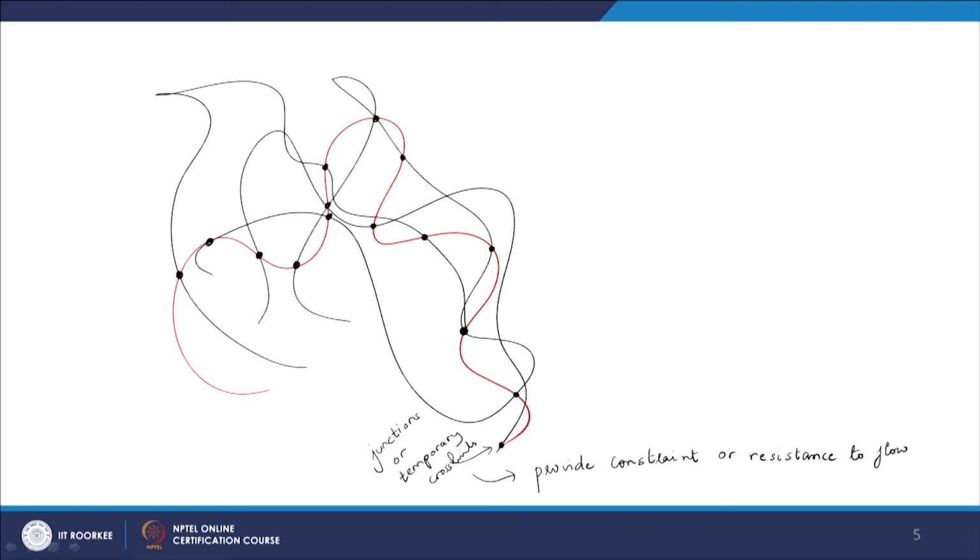And this model is what is known as a pseudo network or temporary junction model.